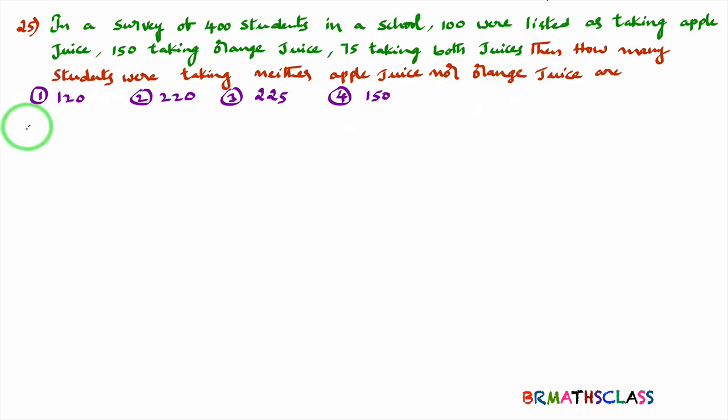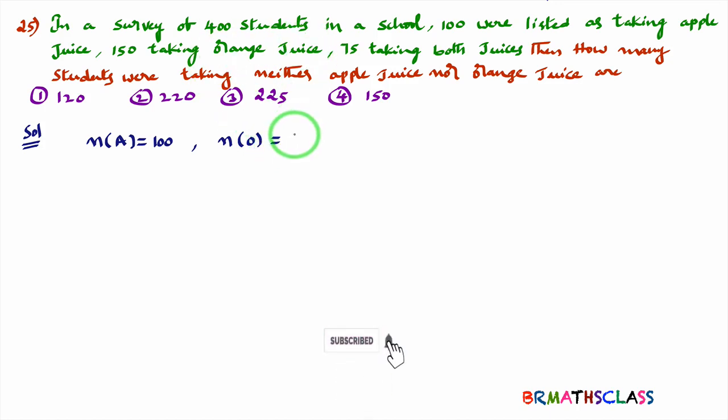First, I'll write the given information. Number of students who take apple juice, 100. What is N of A? Number of students who are taking apple juice. And number of students who are taking orange juice, I'll take it as N of O, orange juice. 150 students are taking orange juice. Good. 75 students are taking both, N of A intersection O. They gave it as 75.